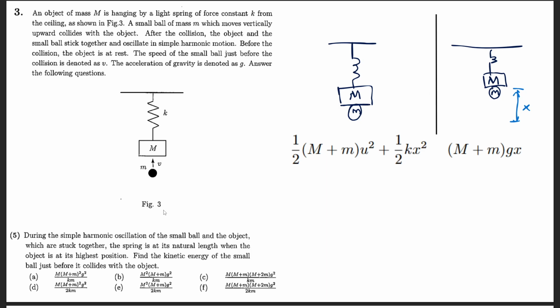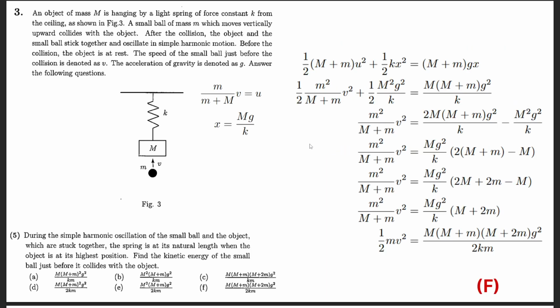And after it reaches the highest position, there is no potential energy of a half times k x squared anymore, since it is at its natural length. And the energy that we have here at its highest position is the potential energy of (M plus m) g x. So we can write it like this.